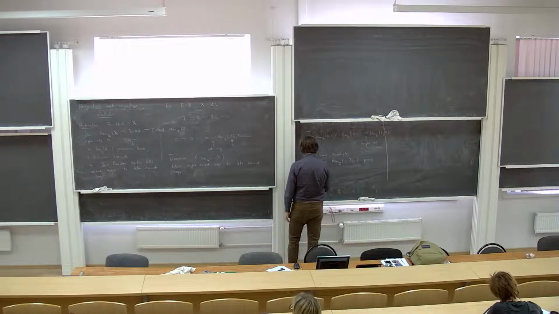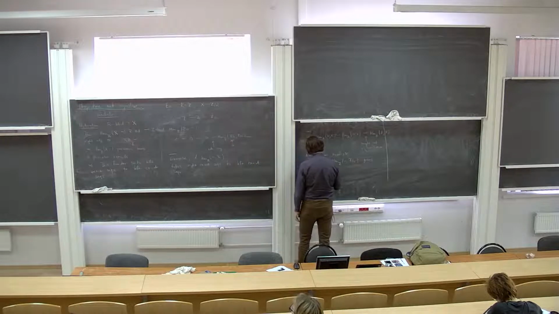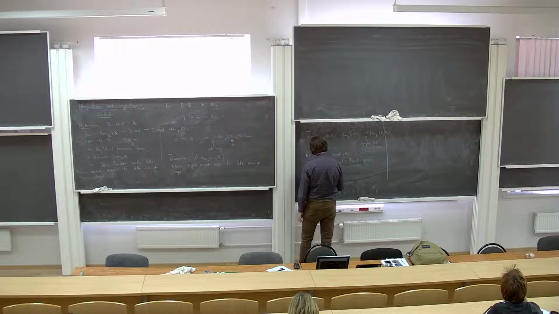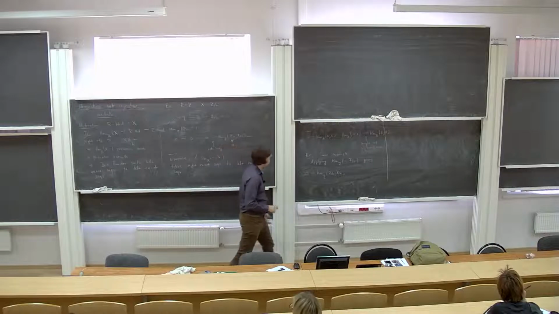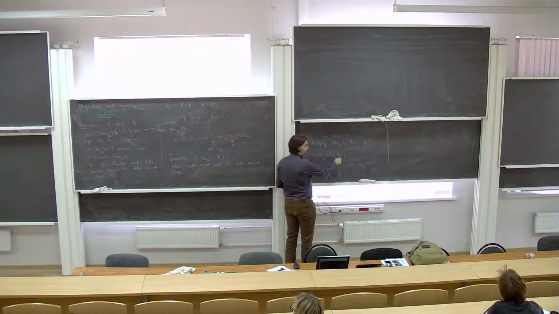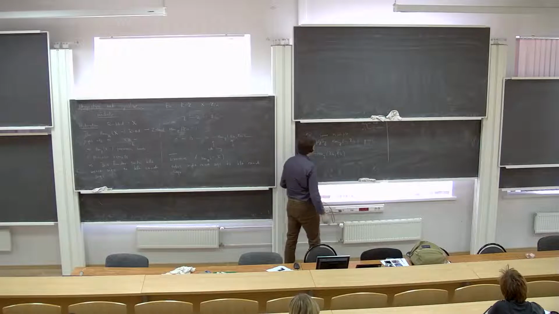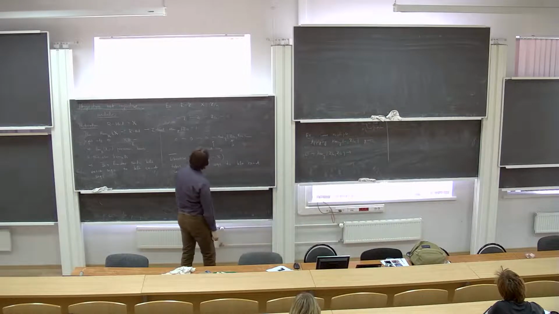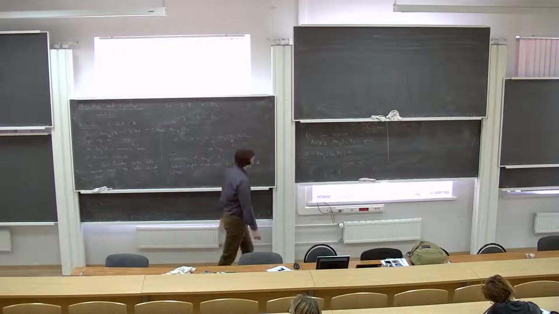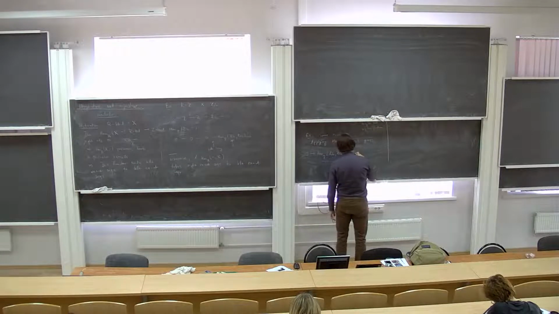I don't even care. In fact, I think it identifies naturally with Z mod n, because I just have to send the generator to something of order n, and everything here has order n. And then I get homomorphisms from Z into Z mod n.